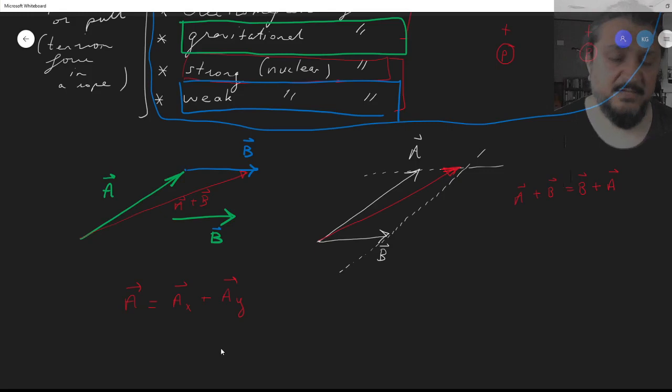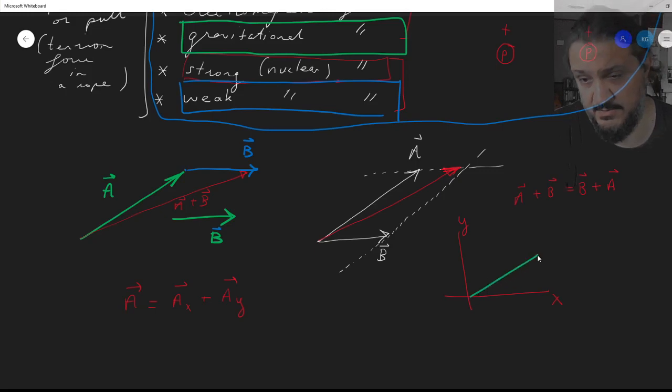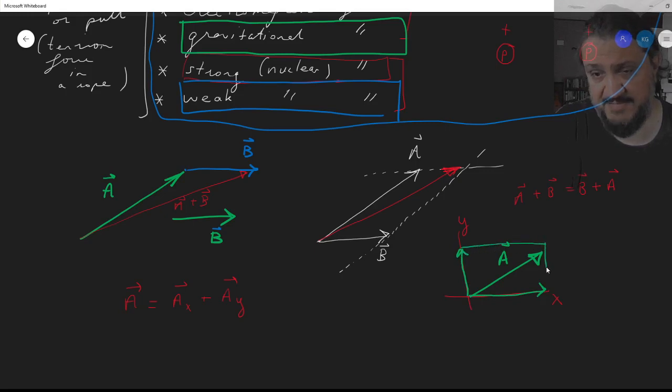These letters come from the Cartesian coordinate system, these two axes which are perpendicular to each other, and then you can place your vector right here, and take the projection of this vector onto these two axes. It's also called a rectangular coordinate system because of this reason. You create small rectangles. So these are called the component vectors Ax and Ay.